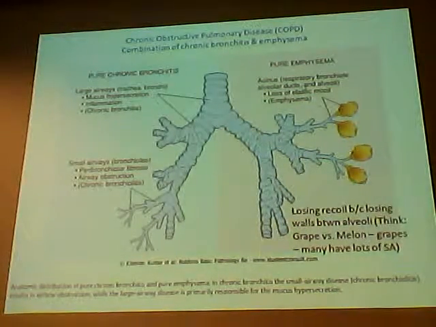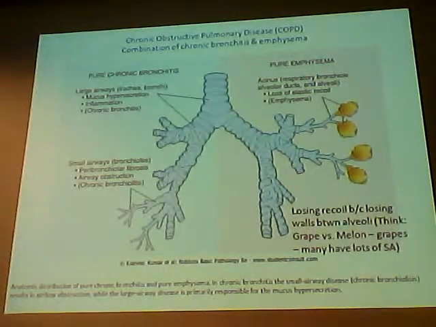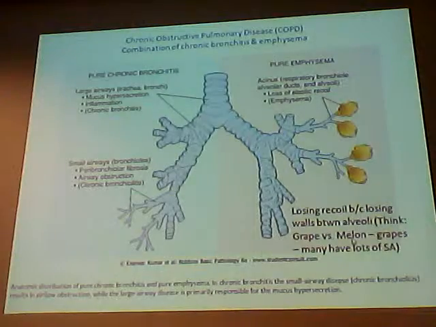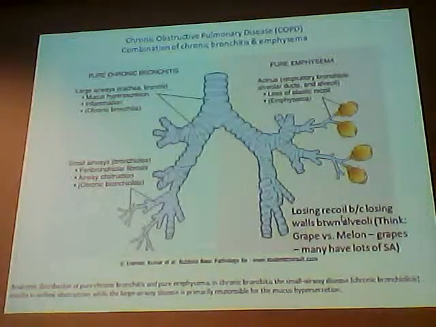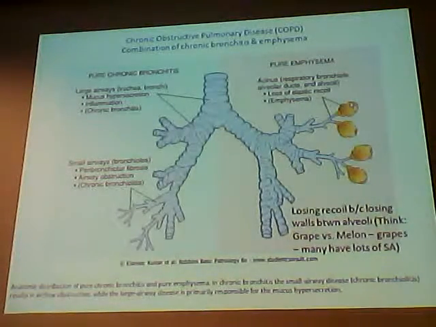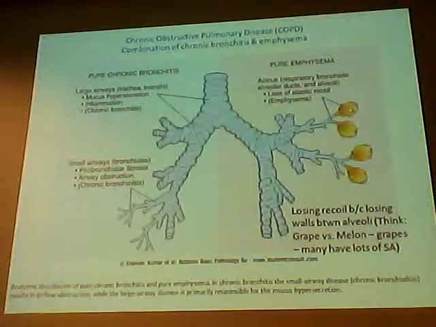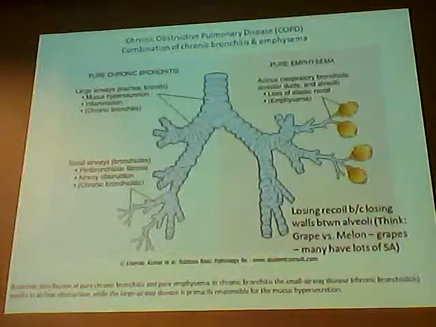But with emphysema, instead of small alveoli, they look kind of like melons. They're very, very big, and you lose out on surface area, and you also lose the elastic recoil. So you can't force the air out as efficiently if they're these giant alveoli rather than these tiny little alveoli.